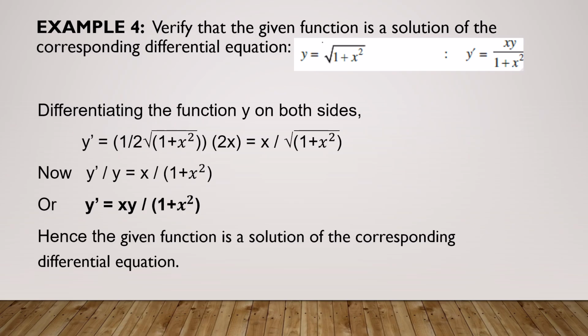That means root of 1 plus x square into root of 1 plus x square is 1 plus x square. So when you simplify it, you will be getting y dash is equal to xy upon 1 plus x square. Simply you need to bring y from the right hand side to the left hand side. So you can say you have checked that for the given function, the differential equation is y dash is equal to xy upon 1 plus x square.